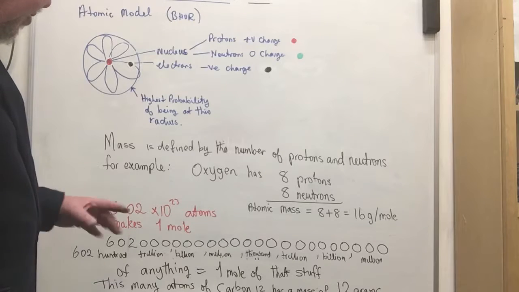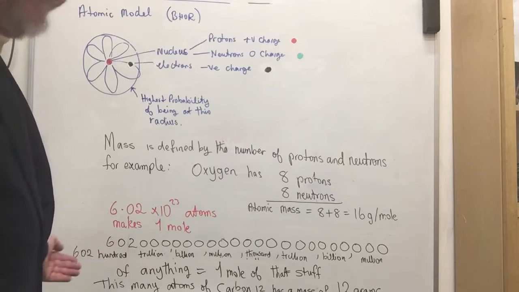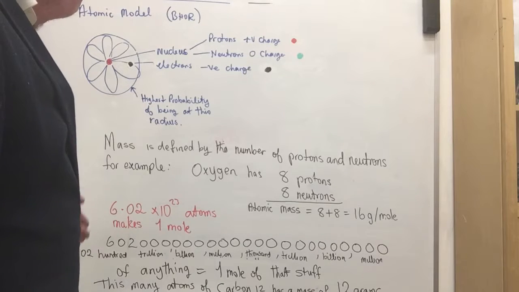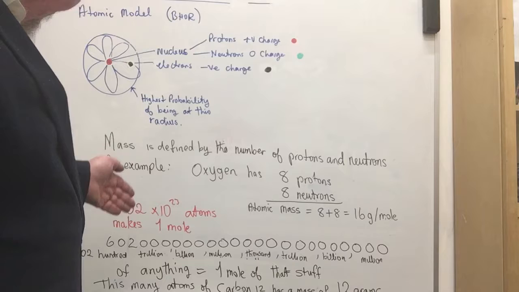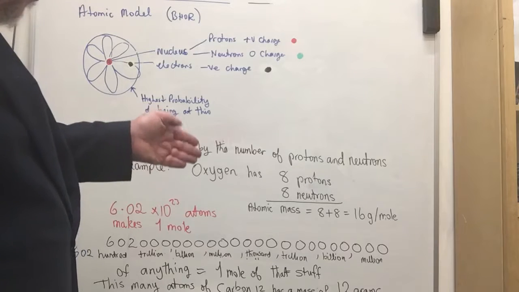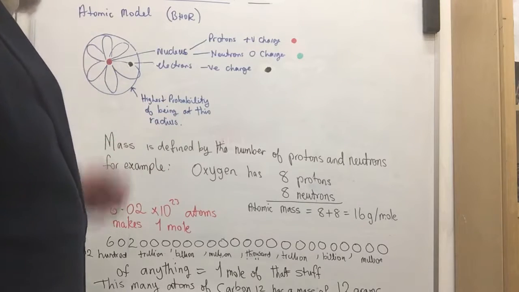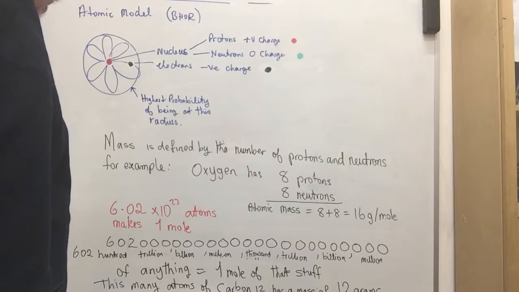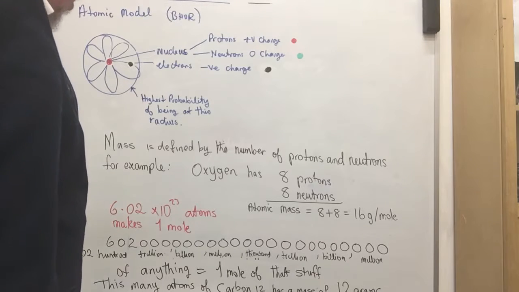So, do you want to try and say this to yourself? 602 hundred trillion, billion, million, thousand trillion, billion, million atoms. That's what is going to make up 12 grams of carbon.